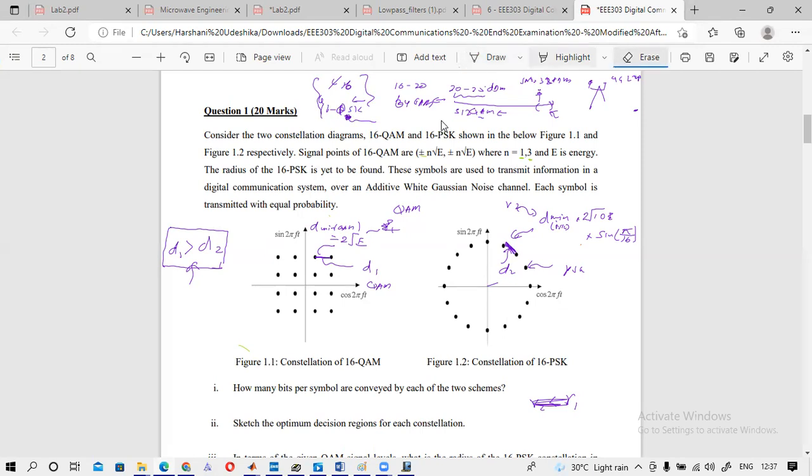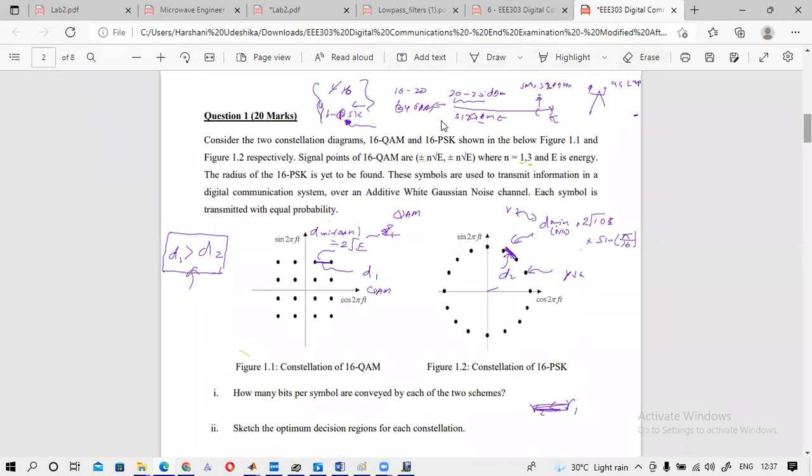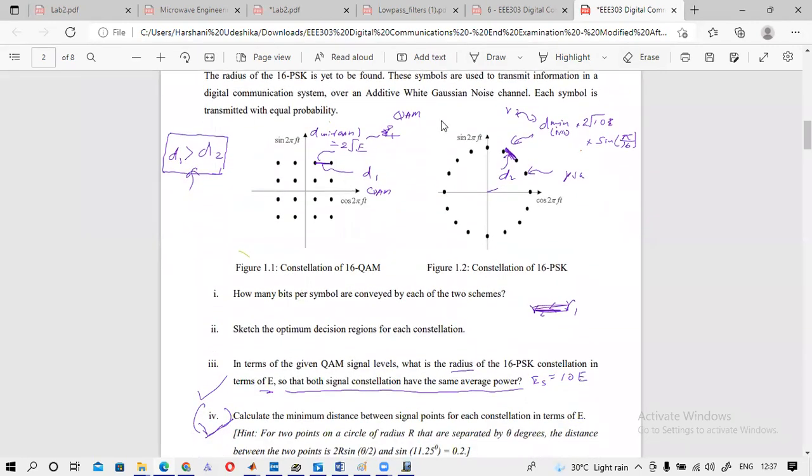That means the bit error performance of QAM is greater than PSK.